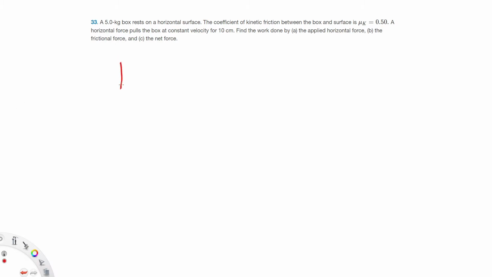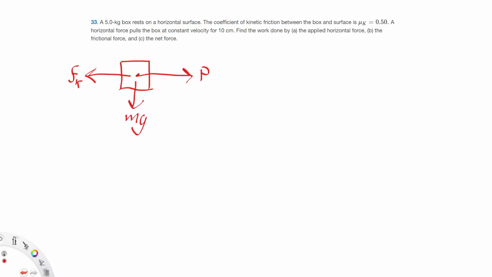So we have a box. It's being pulled along horizontally. There's some kinetic friction slowing it down. And it's got its weight going on here.